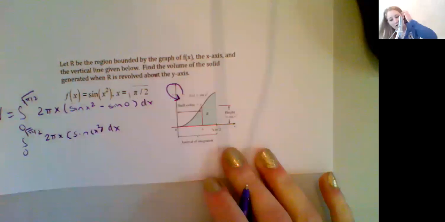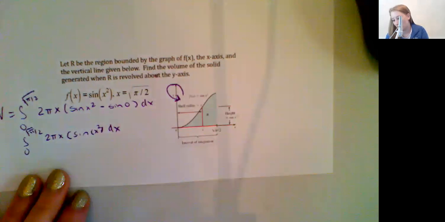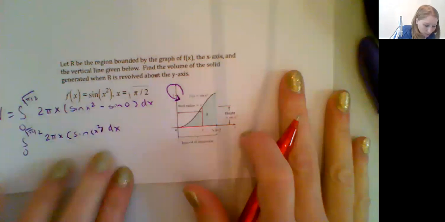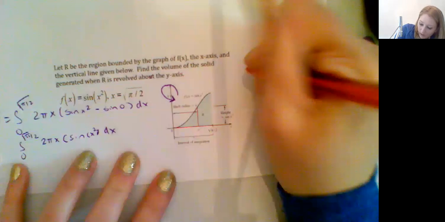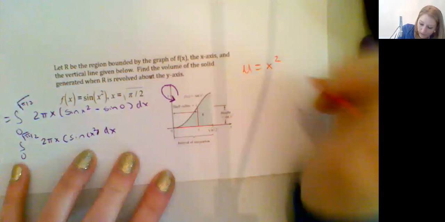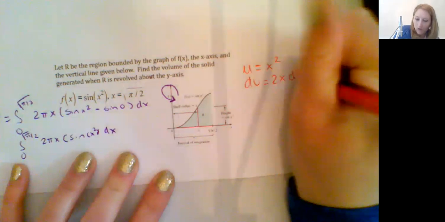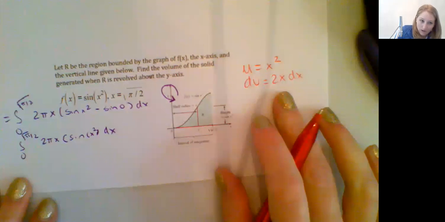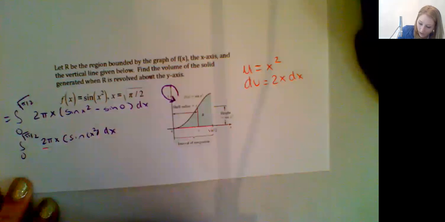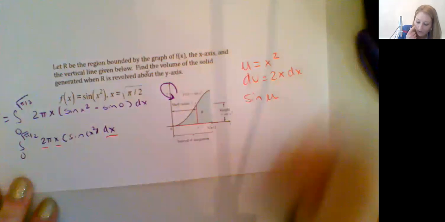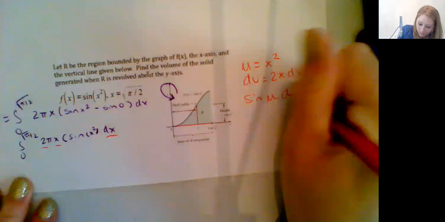Okay, so now if I were going to integrate this, I would actually have to do u substitution. So what we could do is we could say that u is equal to x squared. Therefore, the derivative of u would be 2x dx. So now I need to see what of this that I have. And I have the 2, and I have the x, and I have dx. Okay, so that's good. So that means I could just write that as sine u du.